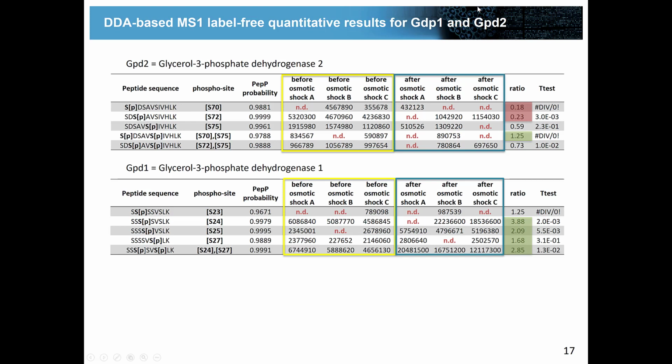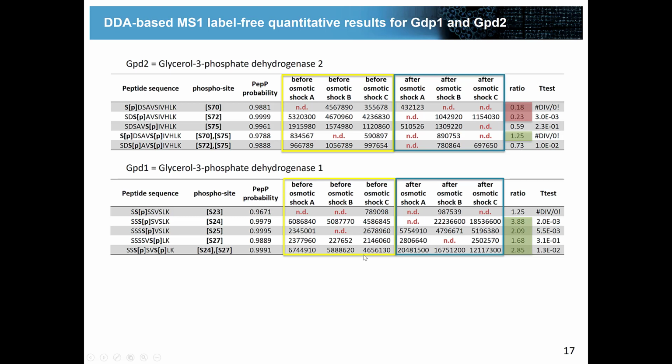But when I averaged the intensities over the replicates and looked at the ratio, I could find that some of these phosphopeptides seem to be downregulated between the 2 conditions, while others seem to be upregulated, while others seem to be not regulated at all according to the cutoffs or thresholds that I defined.